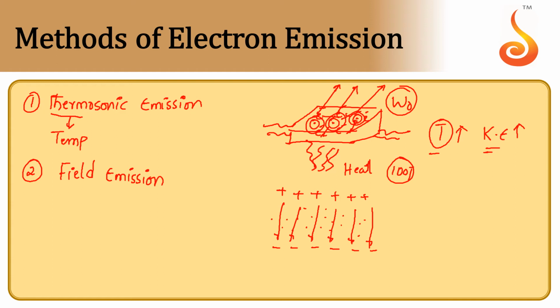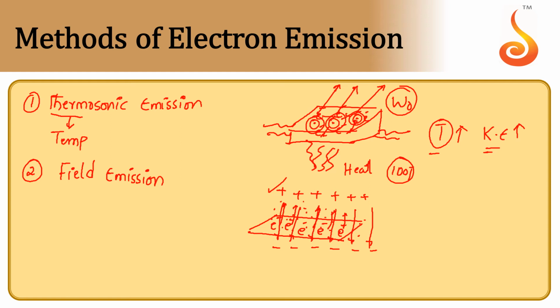So if I place any metal in the electric field, all the electrons which are revolving around the nucleus in an atom will start being attracted towards the positive plate of this electric field. Since very high electric fields are created, high potentials are created over there.